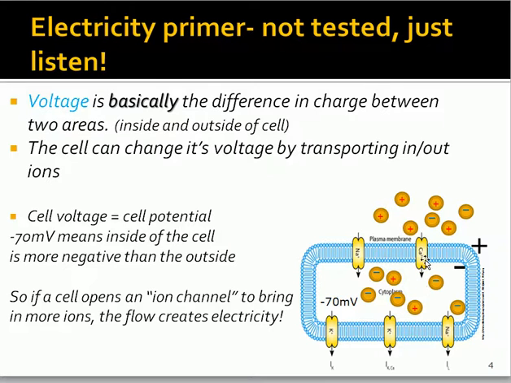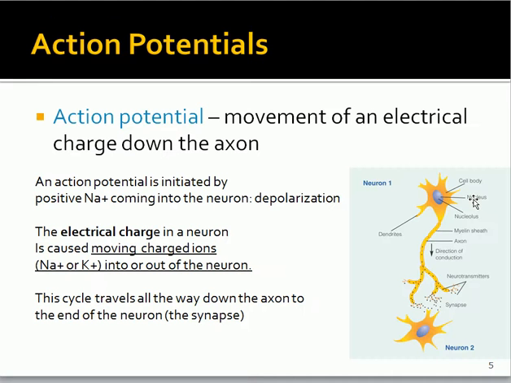So remember, if those ions are moving, and what was the movement of charge? That's electricity. So if a cell opens an ion channel to bring in or kick out ions, that is electricity. So now we're back, from that review, to what an action potential is. And that's the movement of that electrical charge down the axon.